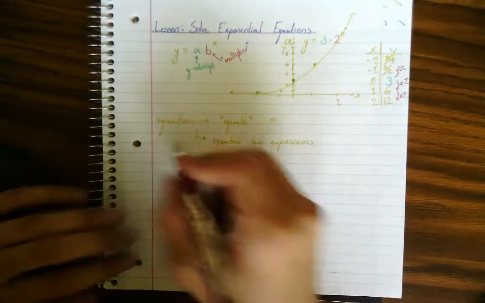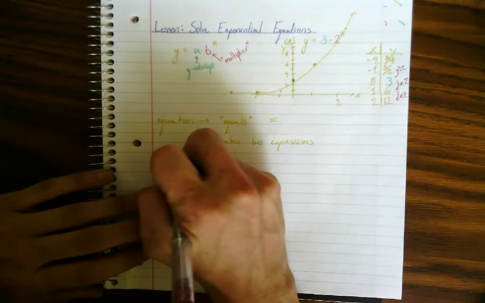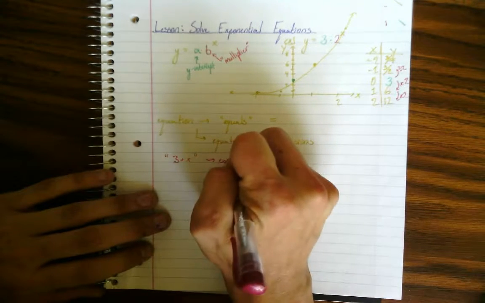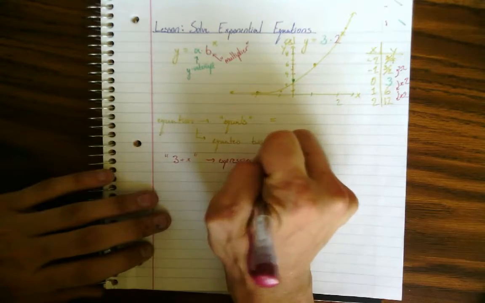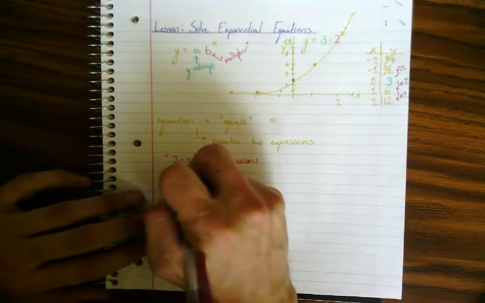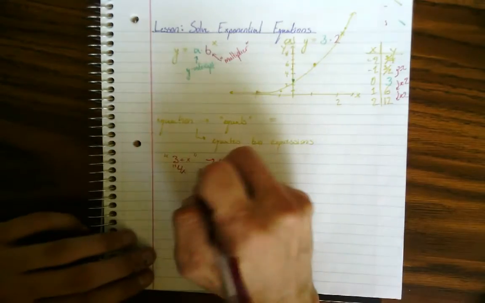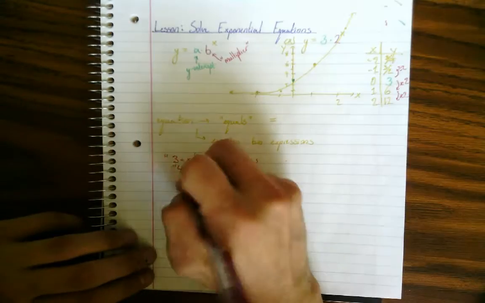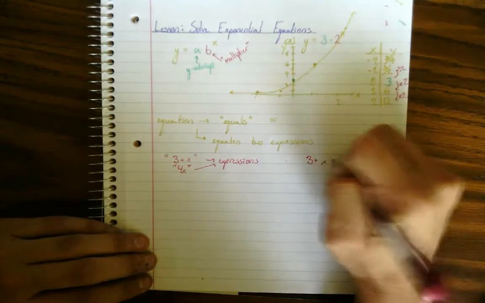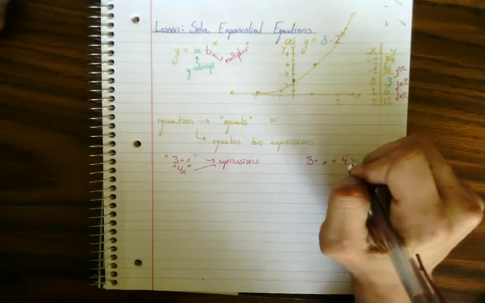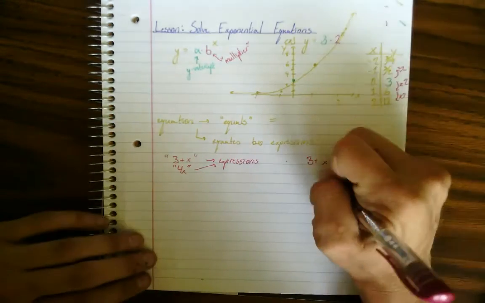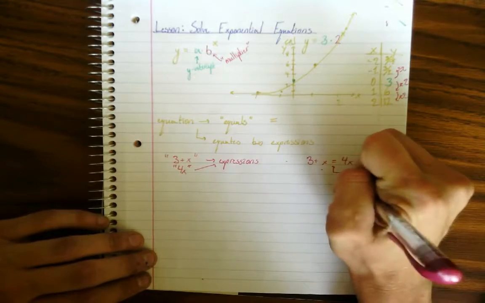So for example, something like 3 plus x, that's an expression. It's just some variables, some numbers put together by some arithmetic. 4x would be another example of an expression. But now if we said 3 plus x equals 4x, well then there we have an equation because of that equal sign.